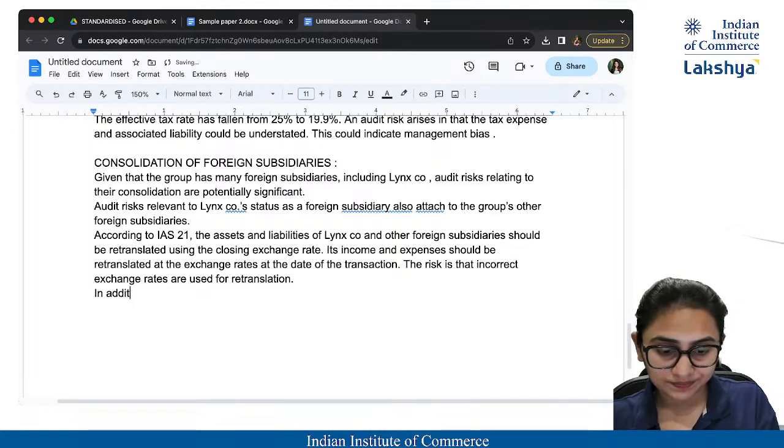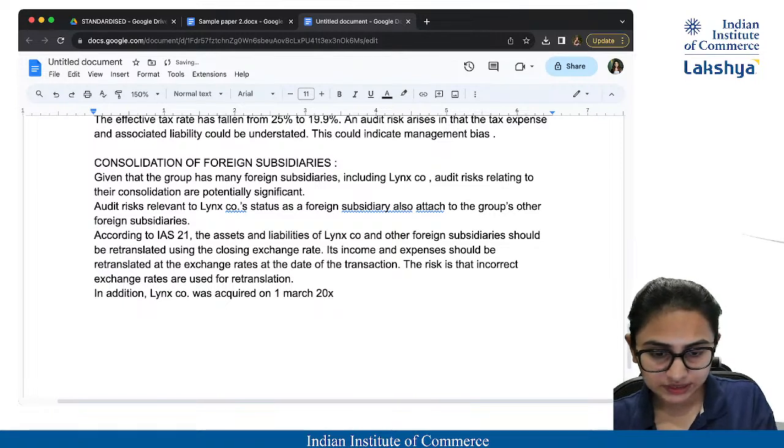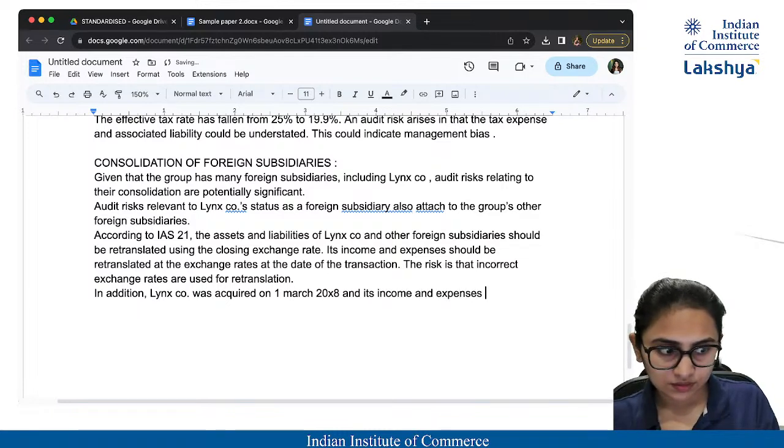In addition, Links company was acquired on 1 March 20x8, and its income and expenses should have been consolidated from that date onwards.